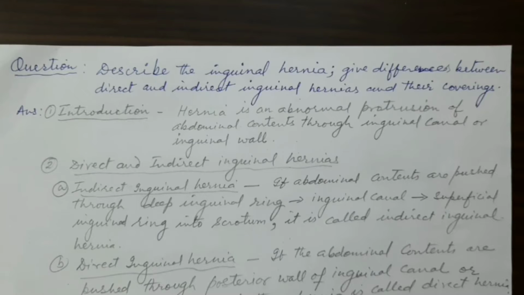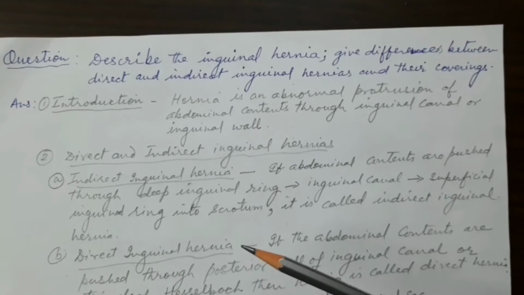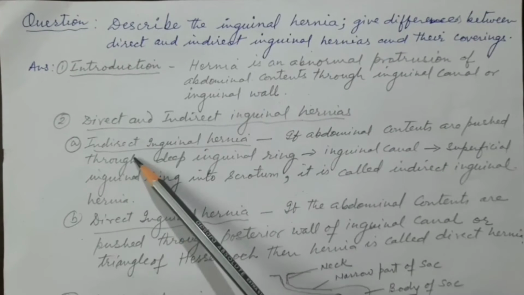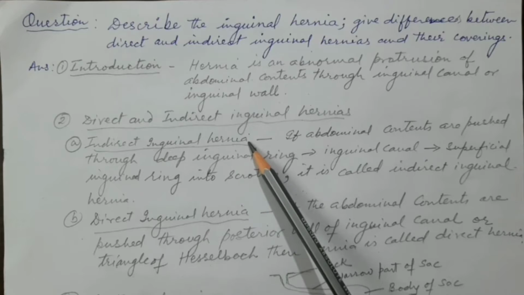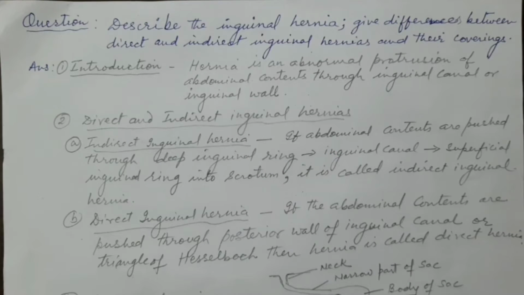It is classified as direct and indirect inguinal hernia. So let us see what is a direct inguinal hernia and what is an indirect inguinal hernia. If we see the indirect inguinal hernia, which is the most common type of hernia, it is an abnormal protrusion of the abdominal contents through the deep inguinal ring.